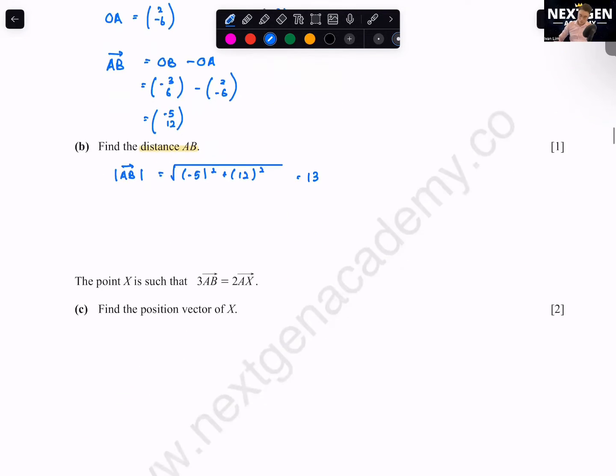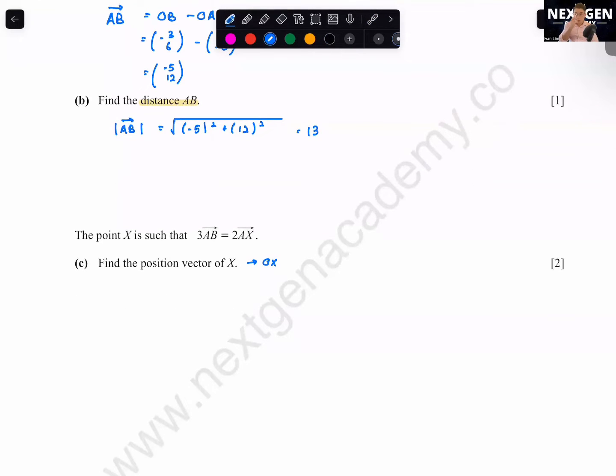Okay, next one. The point X is such that 3AB equals 2AX. Find the position vector of X. Meaning we want to find OX. 3AB equals 2AX. Where can we get the X? You see here, X is over here, right? Can we break it down? You might say, I use the length formula using the coordinates of A and B. You'll get the same answer also, right?